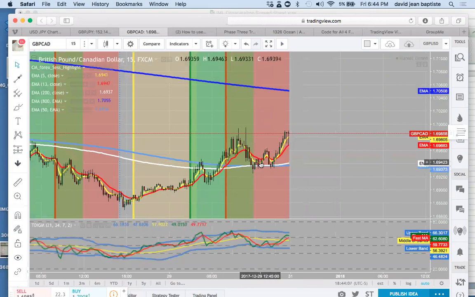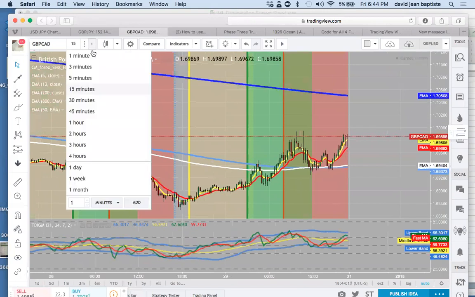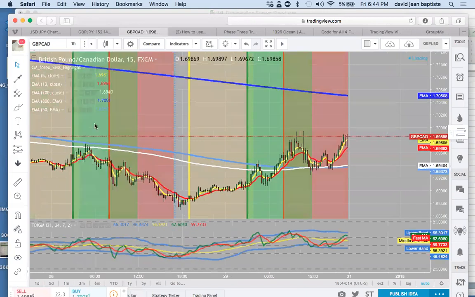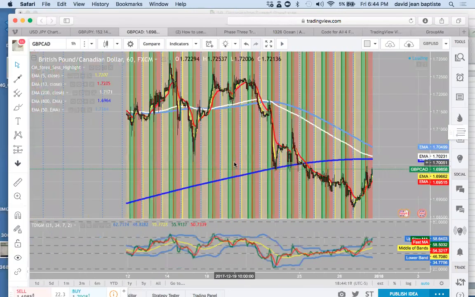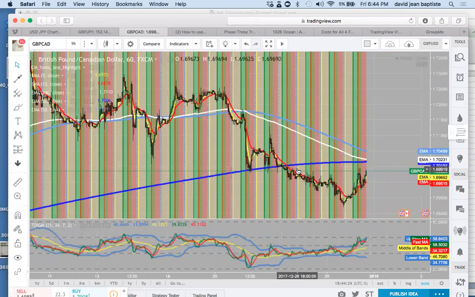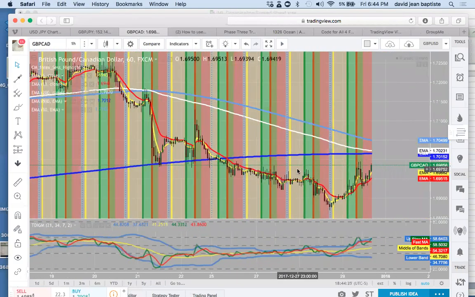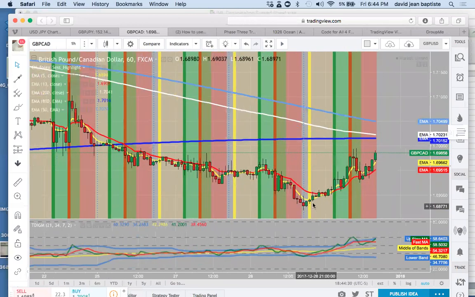The reason why I wanted to put the 4 hours, the daily, and the weekly, which I thought I did for the GCAD, but I didn't. I believe I did it before. I think, yeah, I think I did it. One thing I saw was that these 2 pins were hitting the daily, which gave me more confirmation for a sell.